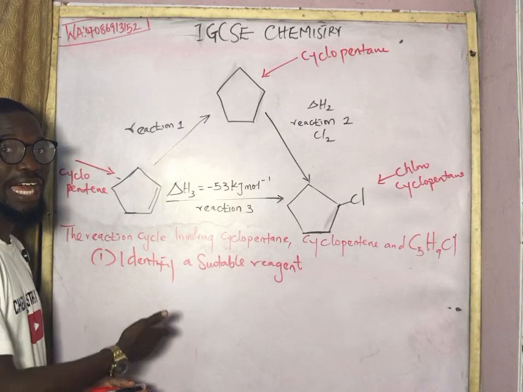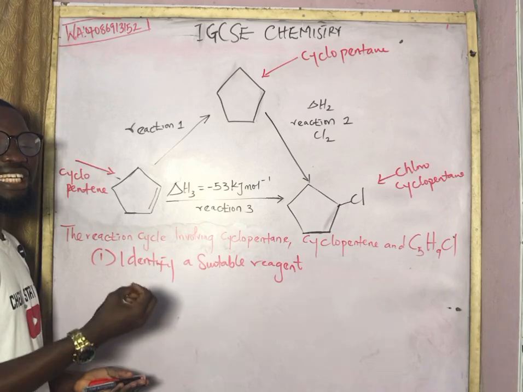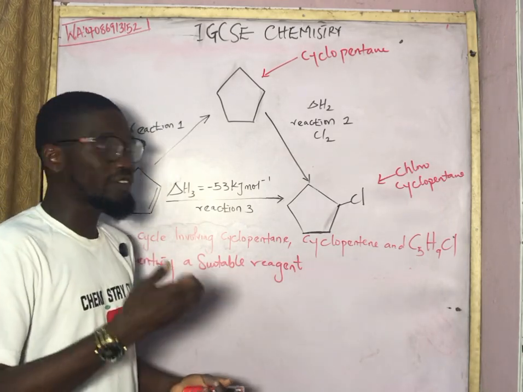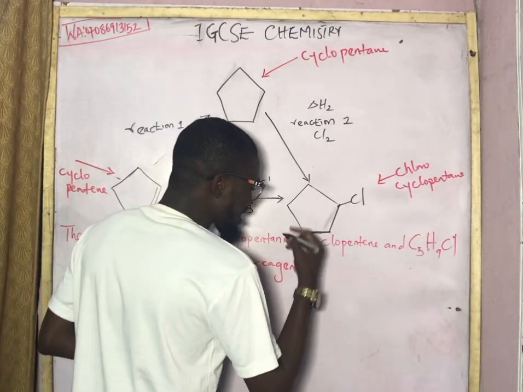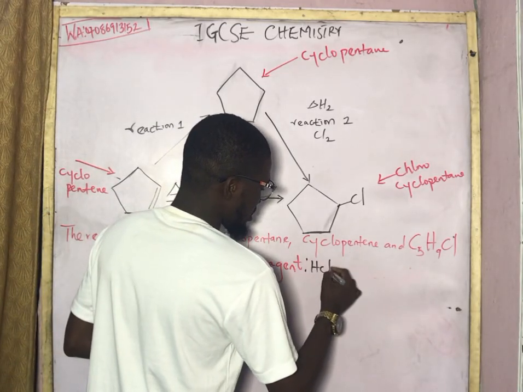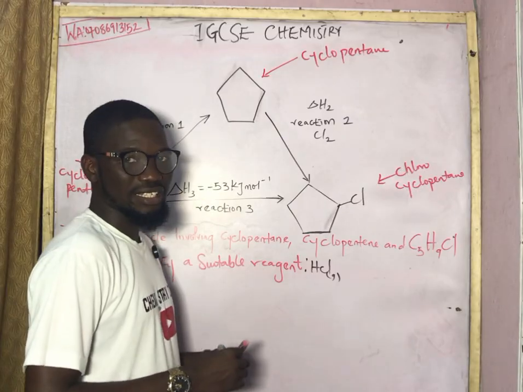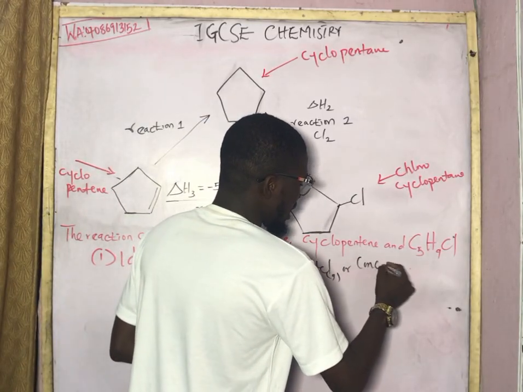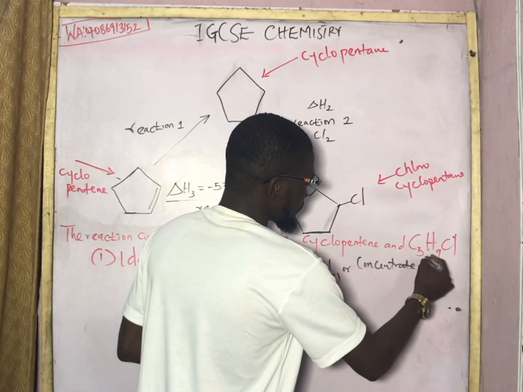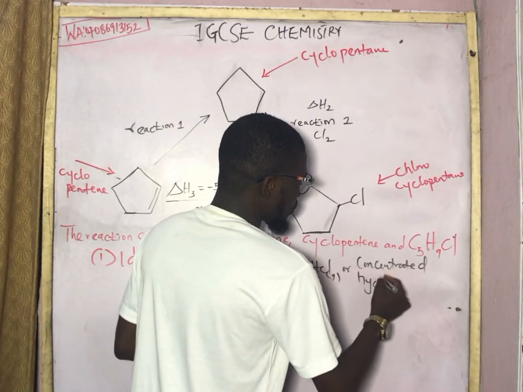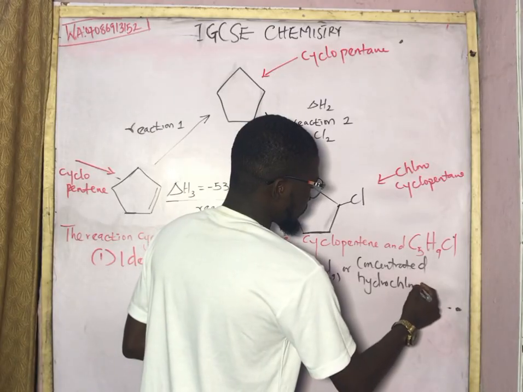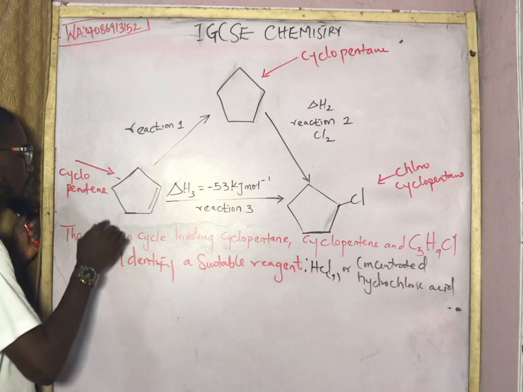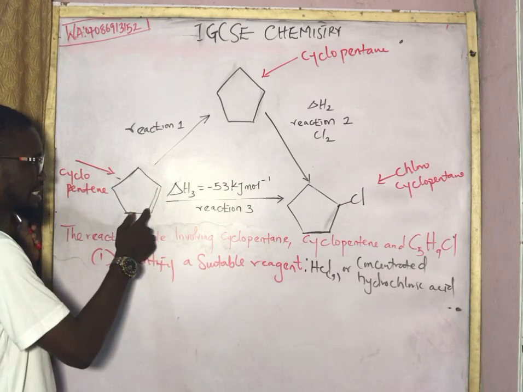I've mentioned that HCl is added across the double bond of an alkene. So the reagent can either be HCl gas, that is hydrogen chloride gas, or concentrated hydrochloric acid.